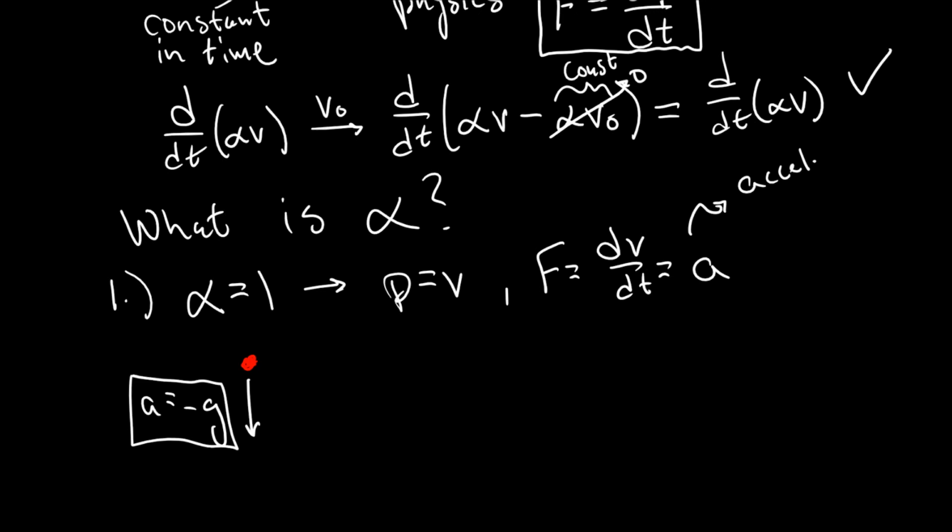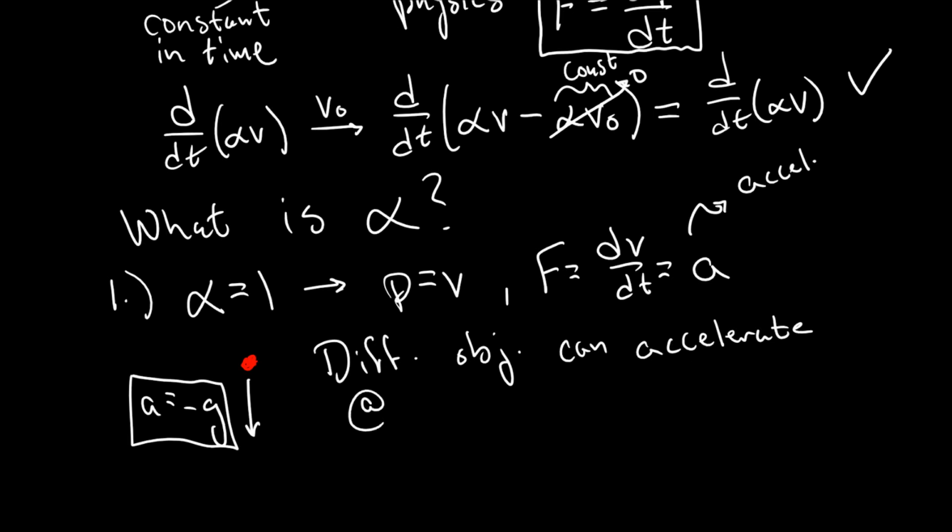So if I try to use this, different objects can accelerate at different rates. And this actually isn't that great, because if I have some more general push or pull on my object, I'll need to know the acceleration of that particular object.